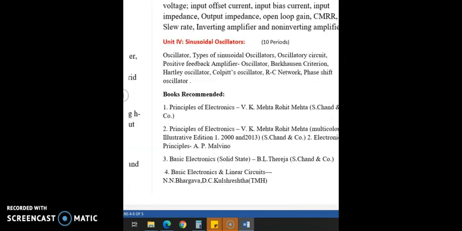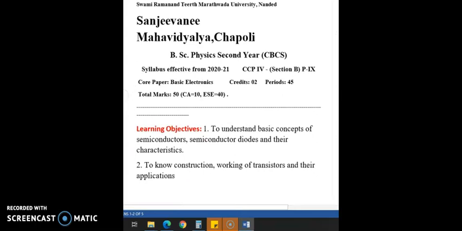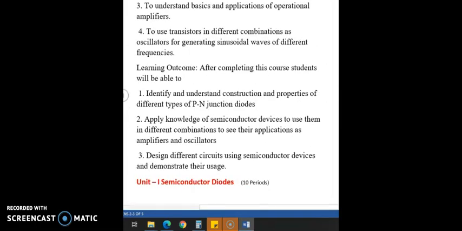Now let us come to the first unit, that is semiconductor diodes. So what does diode mean? Before considering the diode in detail, we should first know the meaning of di and ode.